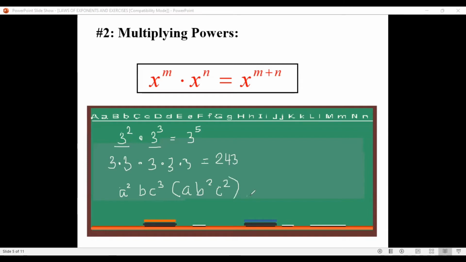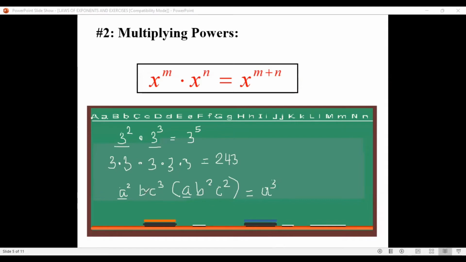So remember, we can only combine those with the same base. So a will have to be with a. Now, remember, if you cannot see any exponent, that is understood to be 1. So a squared and the other a here will now result to a raised to the third power.